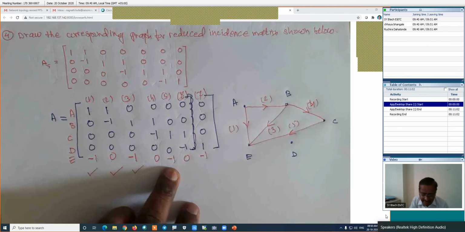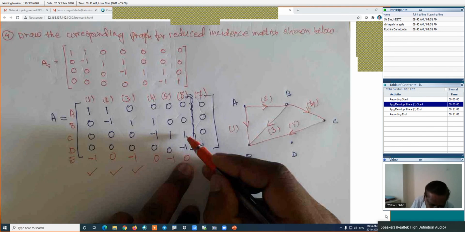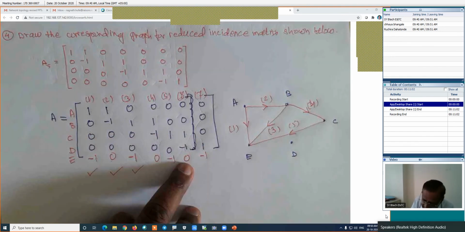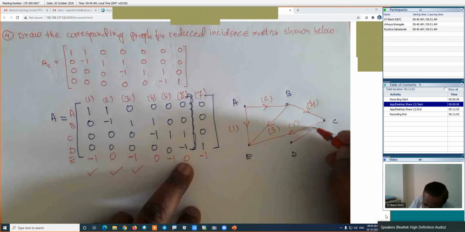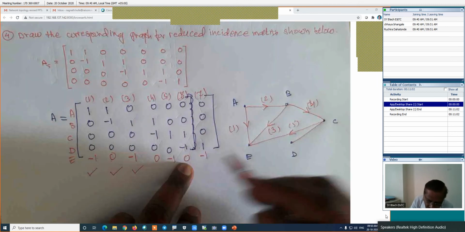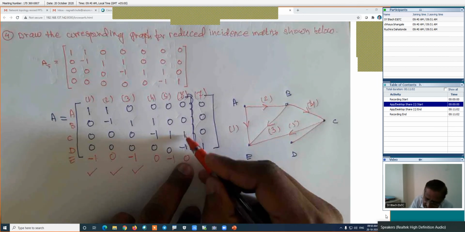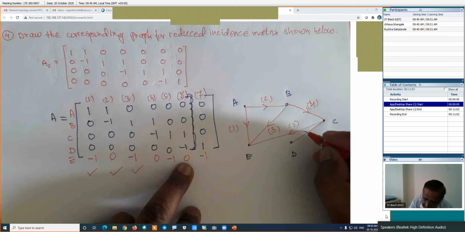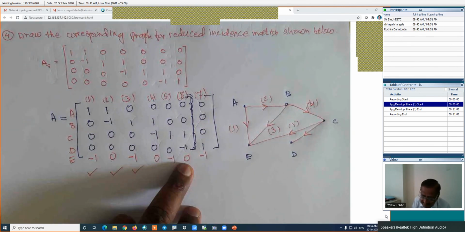Is it right? Branch number 6 is connected between C and D. It is outgoing from C and incoming towards D.